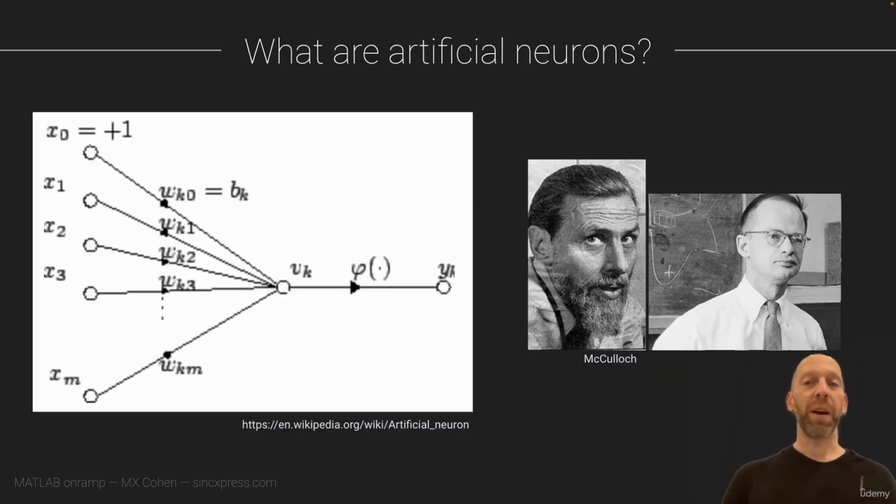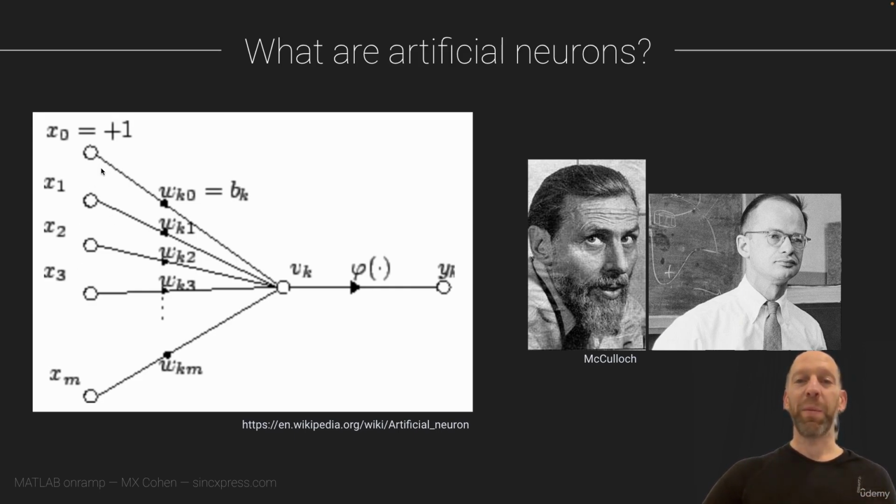So, deep learning emerged from artificial neural networks in the 1940s by these guys who are engineers. An artificial neuron can be illustrated like this. So we have a central node here, which receives input from a previous layer or from input data from the outside world.